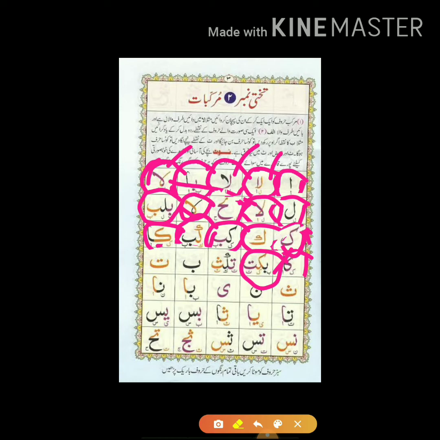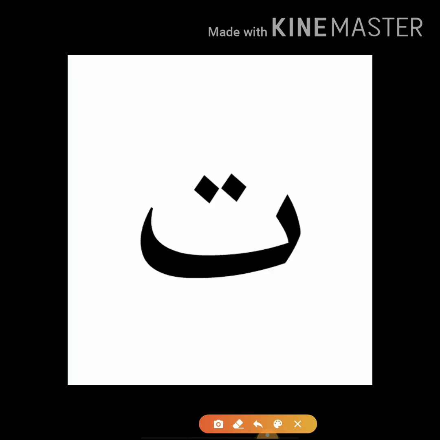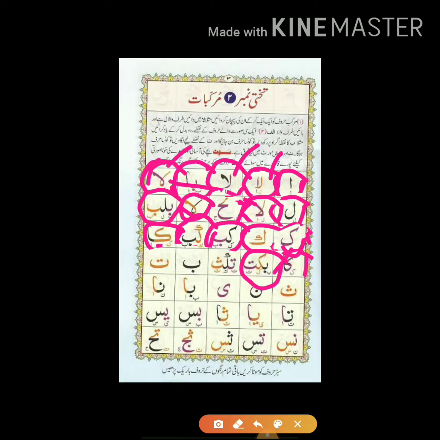And then we have ta. I have already told you in lecture number 1 that whenever you see a boat-like shape with two dots above, it sounds like ta. So there are three letters in this box: ba, kaf, ta.